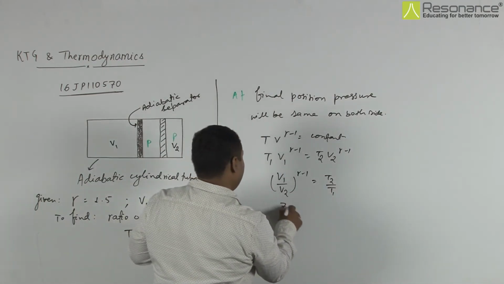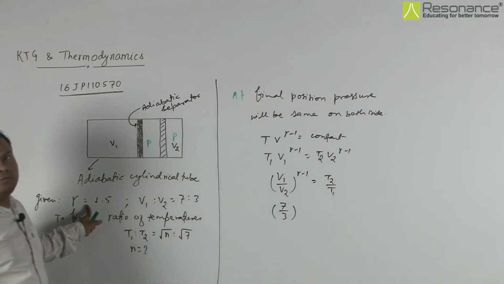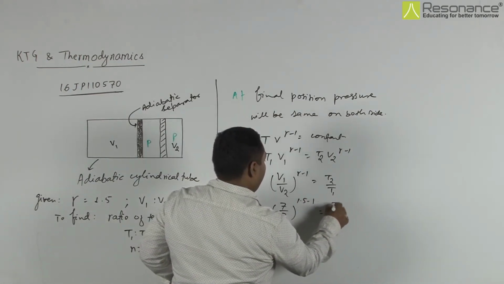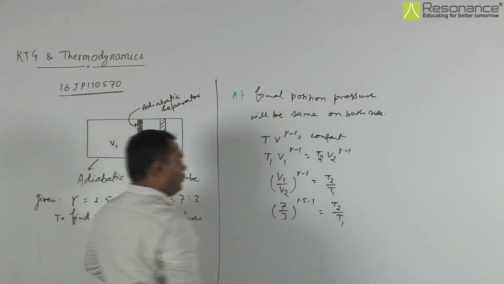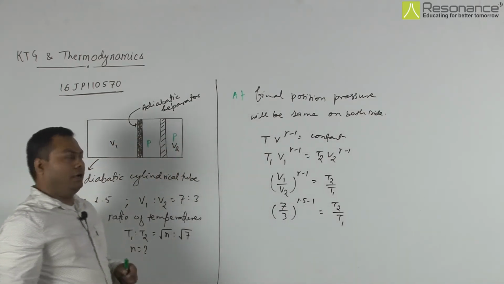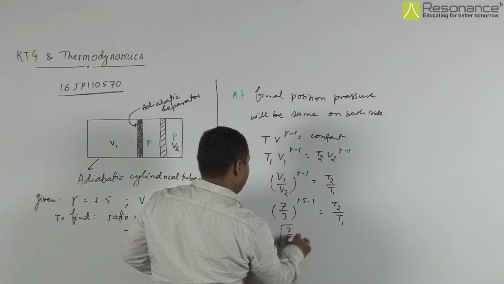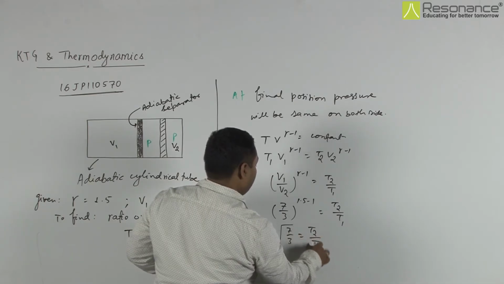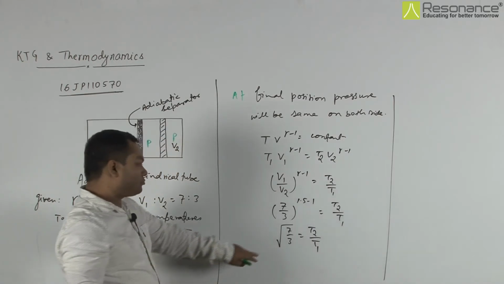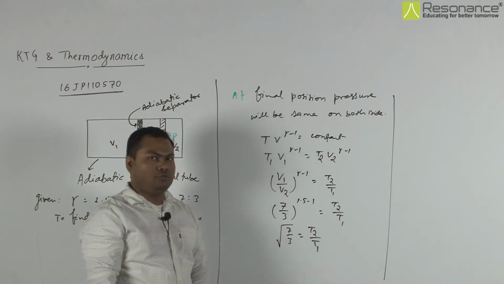V1 upon V2 is 7/3, and the gamma value is given as 1.5, so 1.5 minus 1 is the power, equals T2 upon T1. 1.5 minus 1 results in half, so we can write it as under root 7/3 equals T2 upon T1.